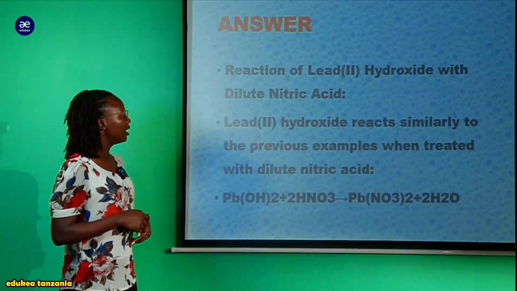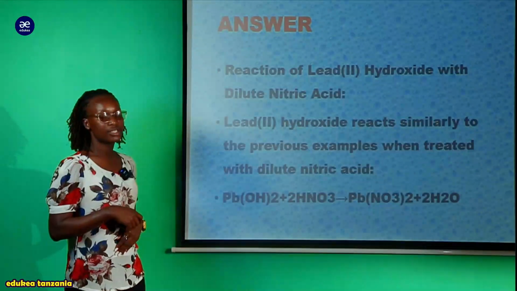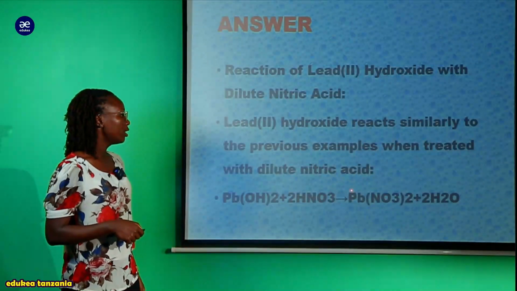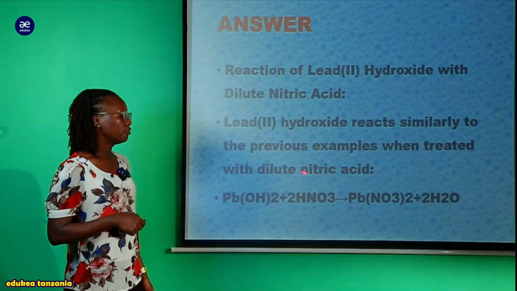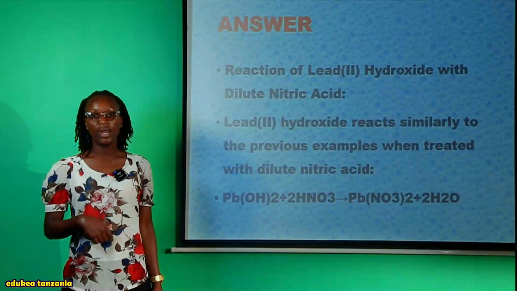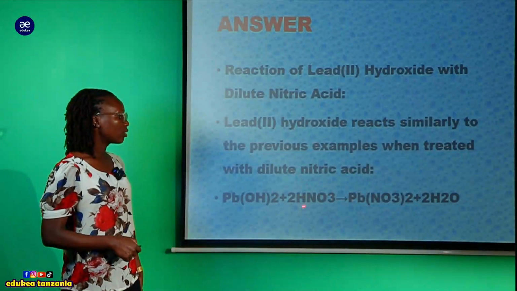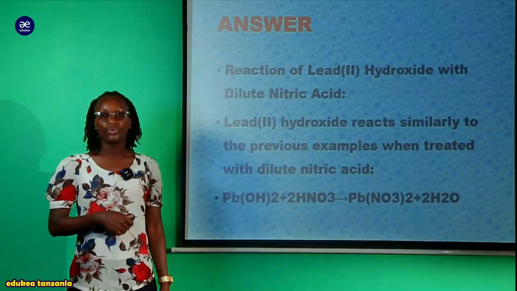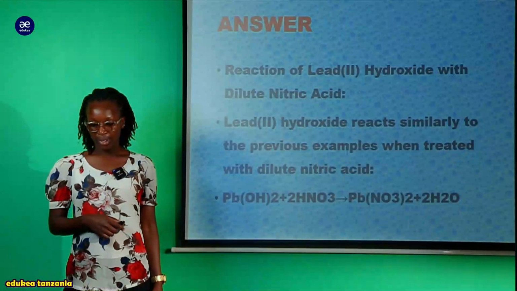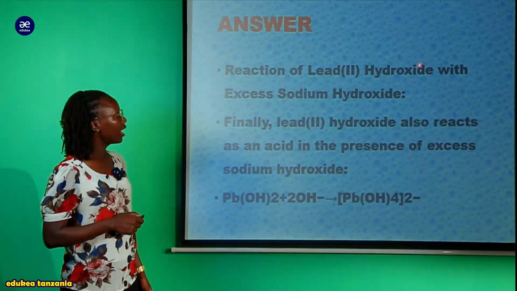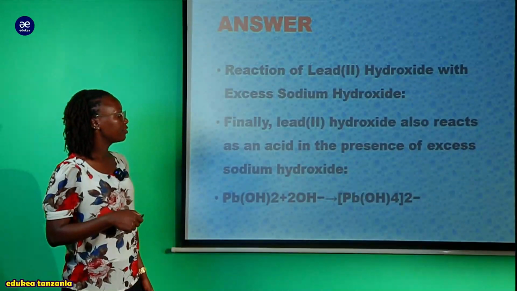Because here, when it reacts with dilute nitric acid, it plays the part of a base. So it acts as a base compound, then reacts with nitric acid, and we get lead nitrate, but also a water molecule. But also the reaction of lead hydroxide with excess sodium hydroxide.